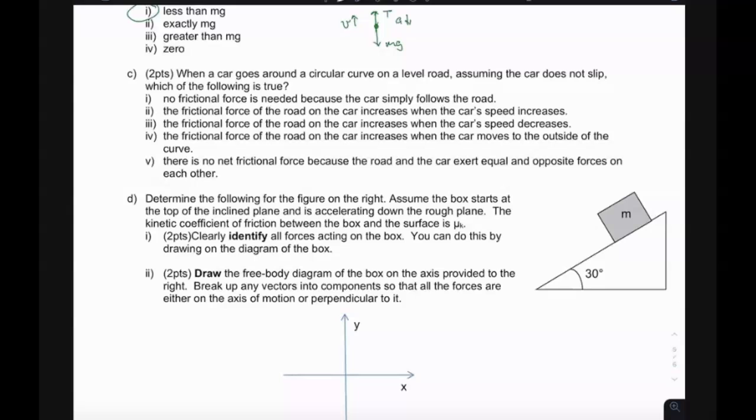In part C, when a car goes around a circular curve on a level road, assuming the car does not slip, which of the following is true?